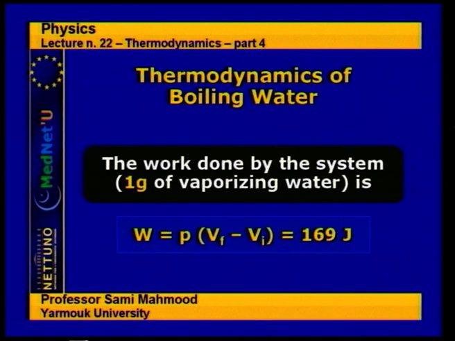So that means the change in the volume delta V is simply 1,670 centimeter cube. We change it, of course, to meter cube. We multiply by 10 to the minus 6 in order to change the centimeter cube into meter cube.